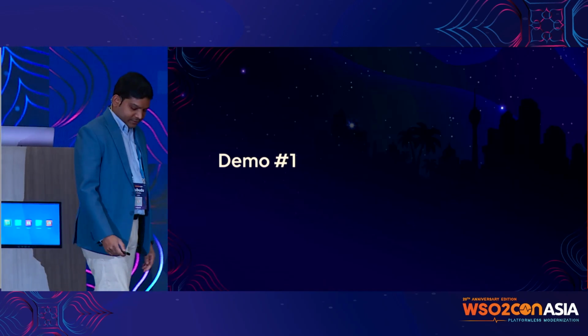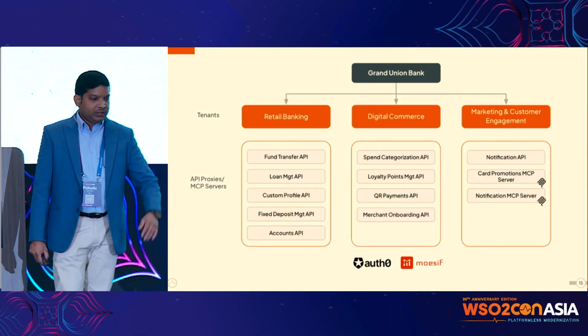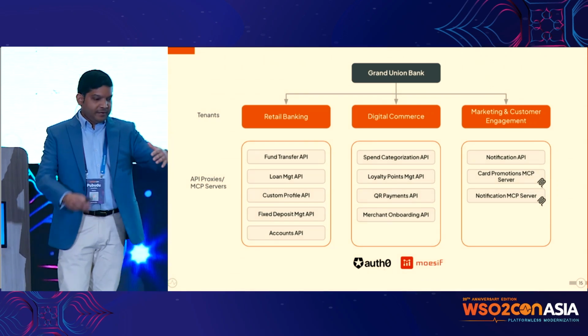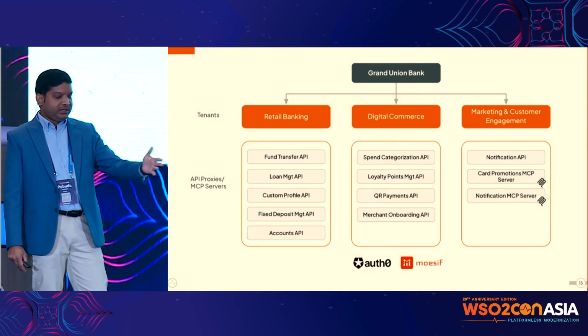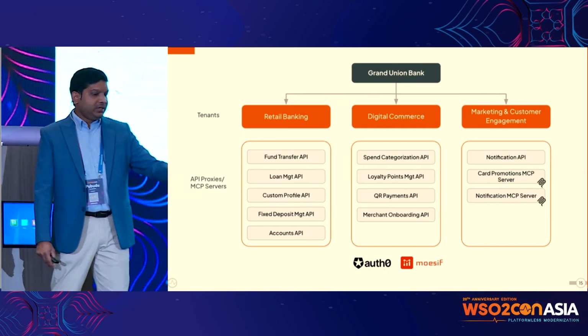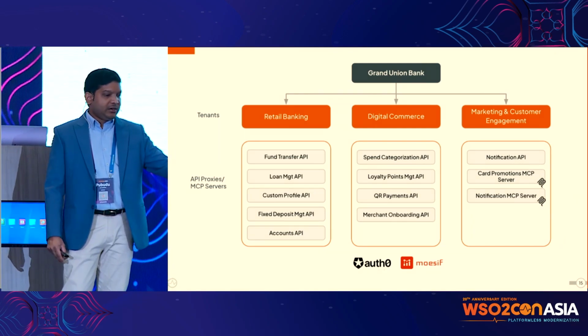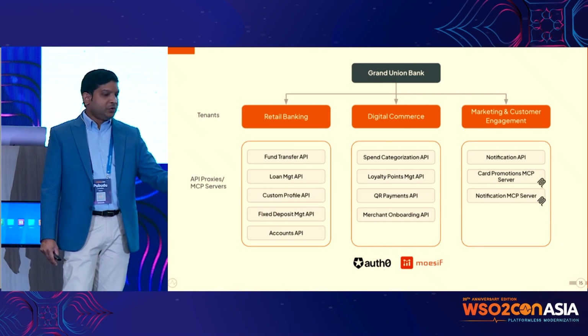Right, so in the first demo, I'll go through the first tenant. So I have categorized Grand Union Bank into several tenants based on their departments. So if I start with the retail banking, they have a set of API proxies that they want to create.